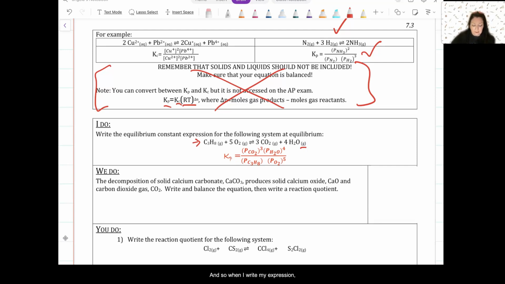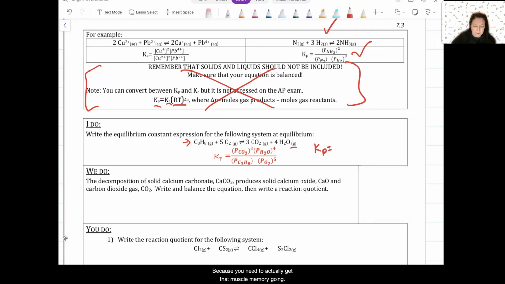And so when I write my expression, I'll just do it over here. Don't just look at it, do it, write it, because you need to actually get that muscle memory going. I have my first product, parentheses, big P, subscript CO2, close the parentheses, 3. Okay, open the parentheses for the H2O.